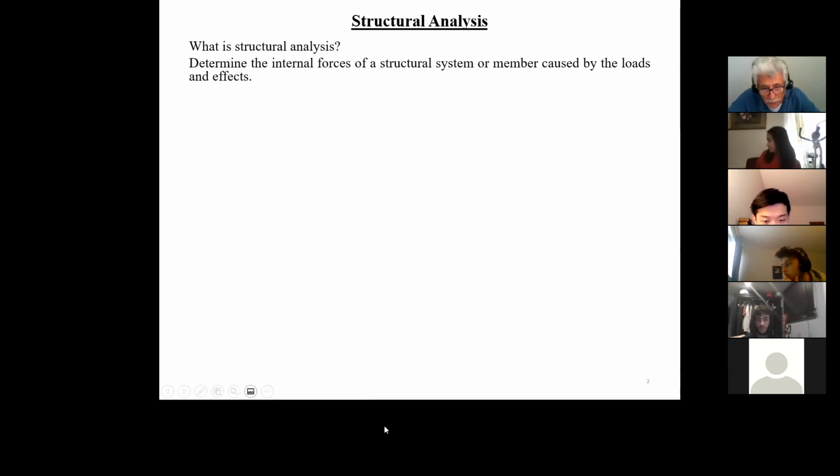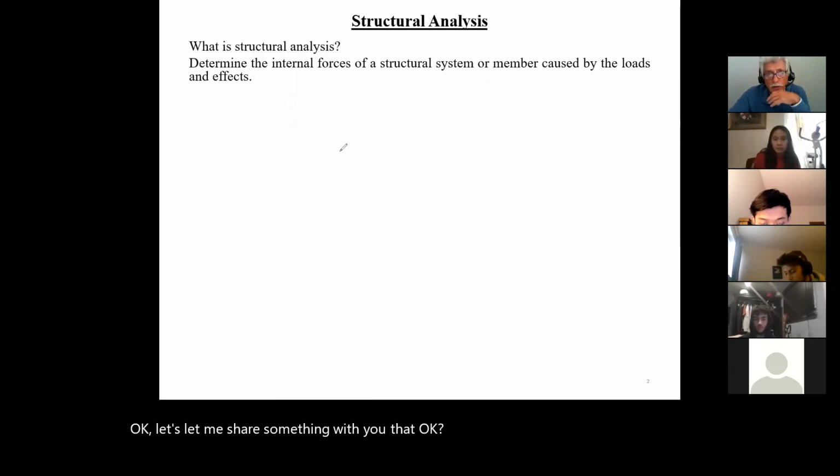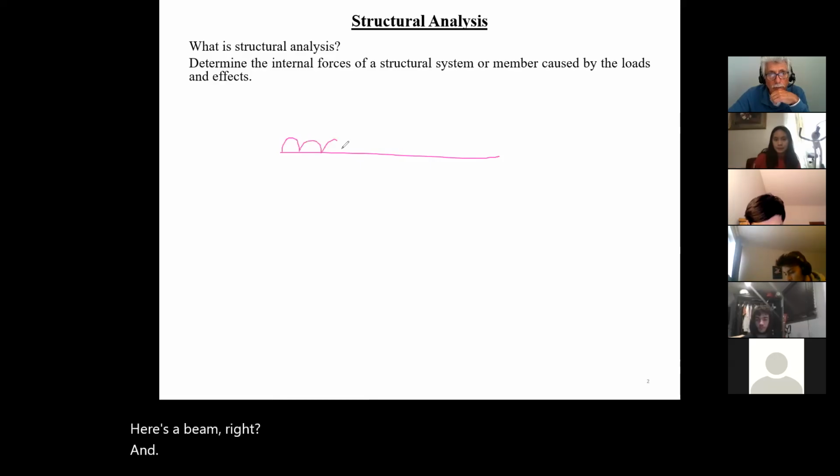Okay, let me share something with you. I'm going to draw something here very quickly. Here's a beam, right? And here's a load. And here's a support, and here's a support.